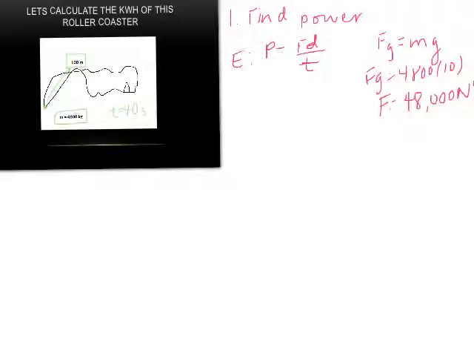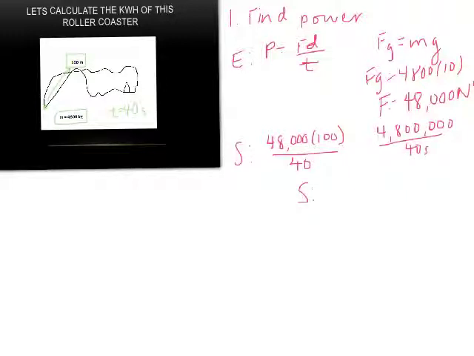When we plug in our numbers, we'll have 48,000 times 100 over 40, and that will simplify to 4,800,000 joules divided by 40 seconds, or 120,000 watts. So that's step 1.